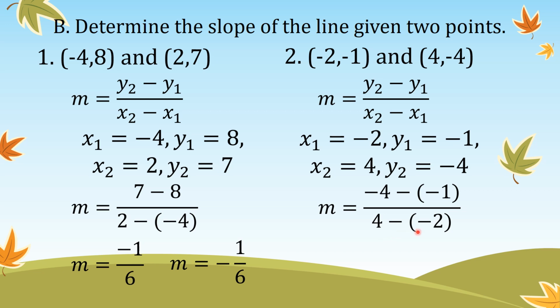So, simplifying by subtraction, negative 4 minus negative 1 is equal to negative 3. And 4 minus negative 2 is equal to 6. Simplifying, negative 3 over 6 is negative 1/2. So, m is equal to negative 1/2.